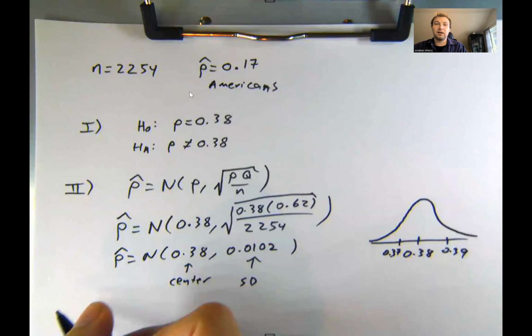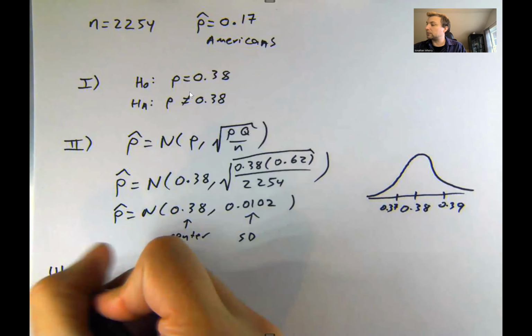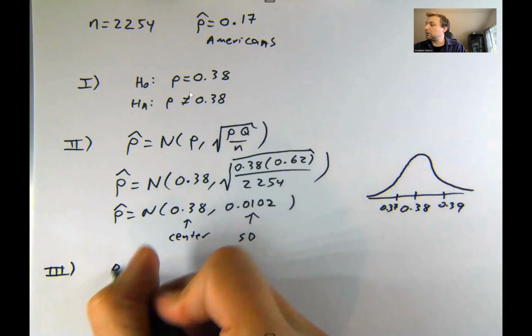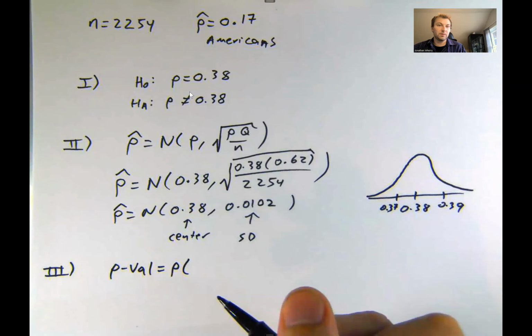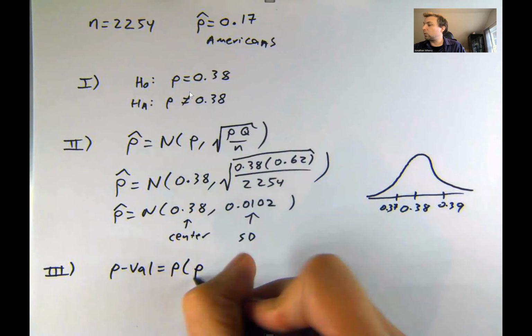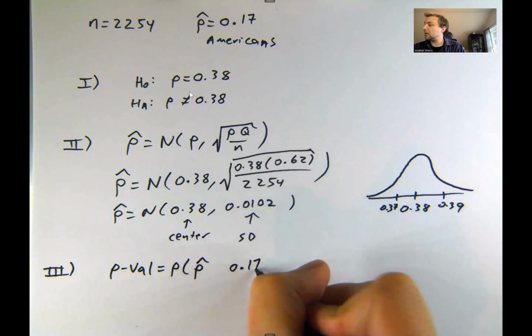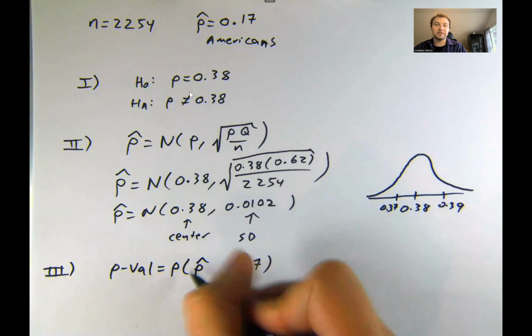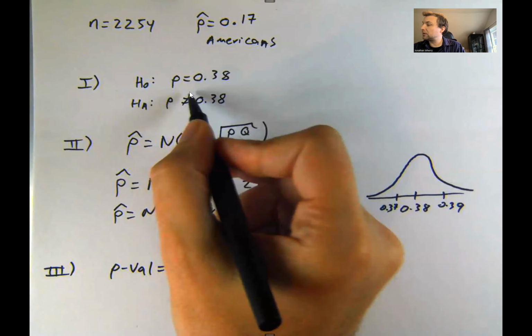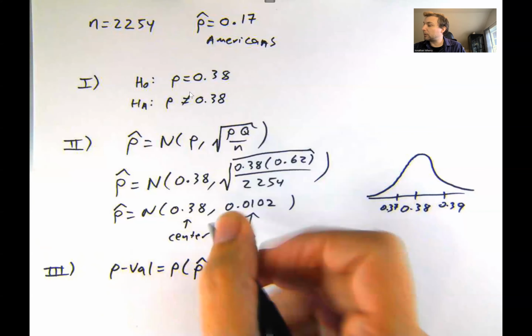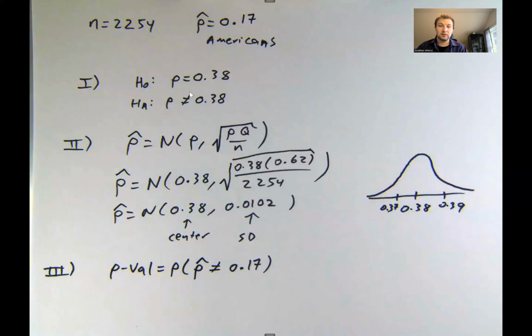The third step of a hypothesis test is to calculate a p-value, and the p-value is the likelihood, we're looking at a probability of something, of our sample data. Well, our sample data was a 17% success rate for a sample, or more extreme. So I'm using whatever symbol I've got on that alternative hypothesis, two-tailed test.